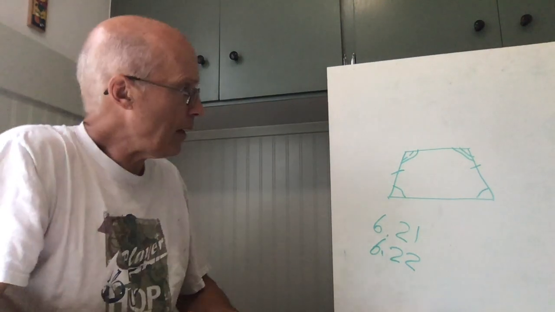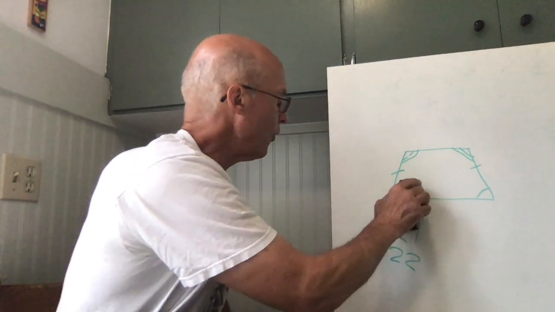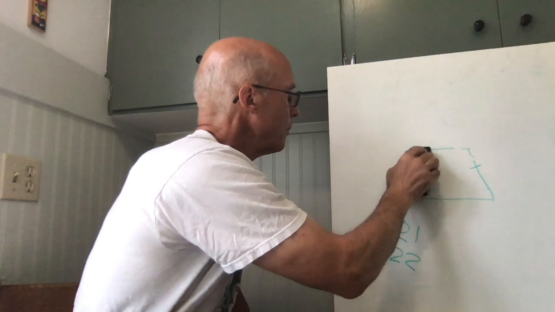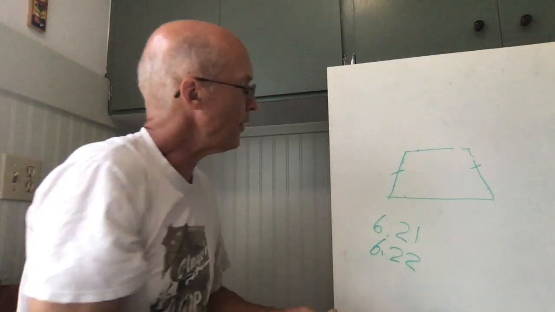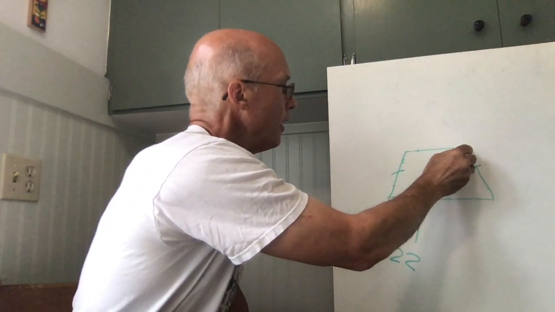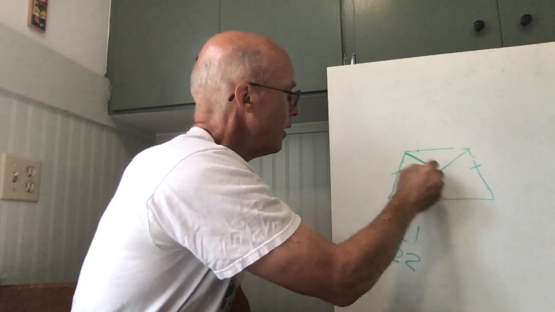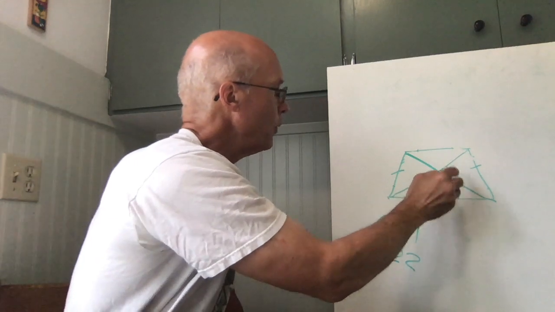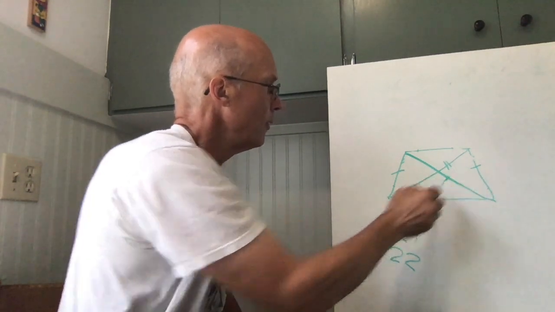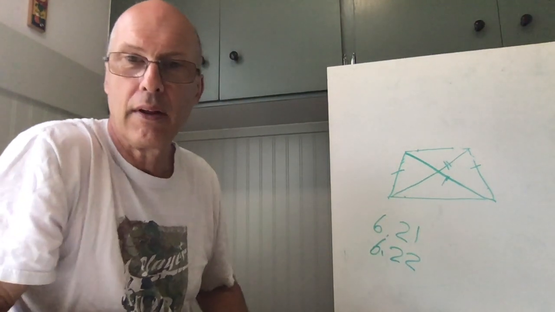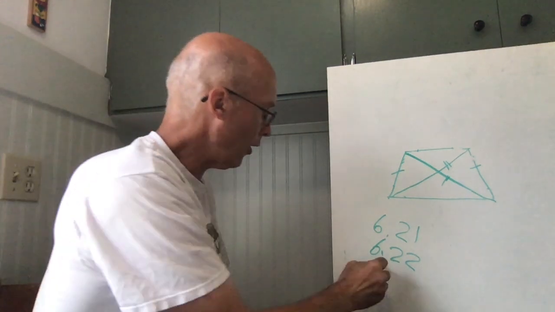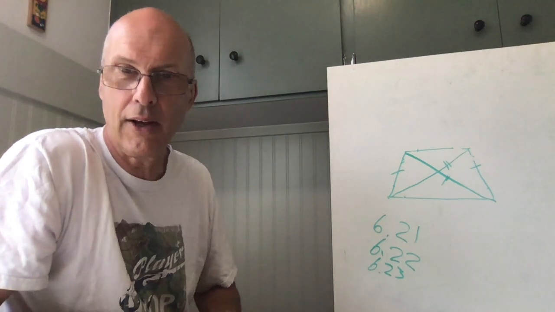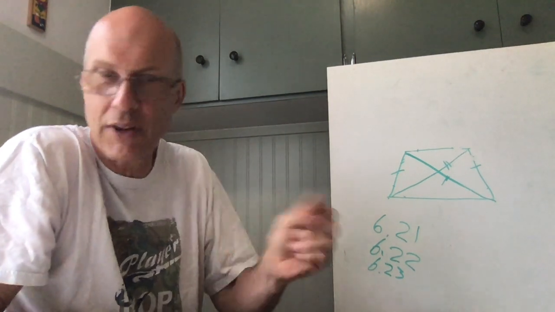And 623 is not about the angles. It says that if you have an isosceles trapezoid, then these diagonals are going to be congruent. Okay? So that's all isosceles trapezoids. Okay, so write those down so you have them at your fingertips.